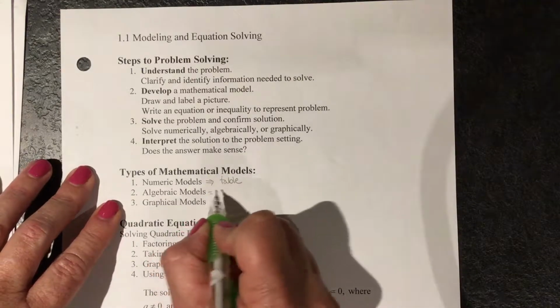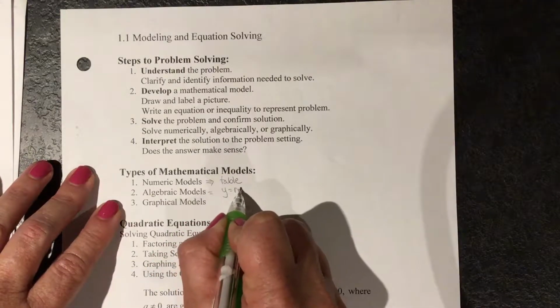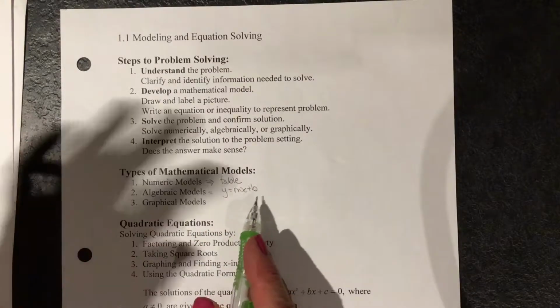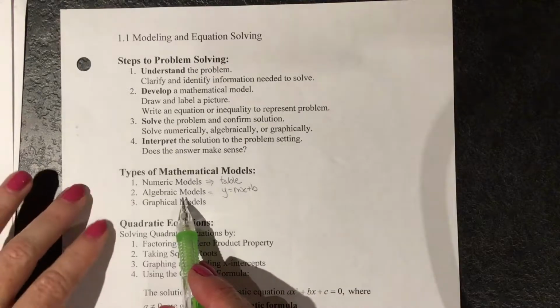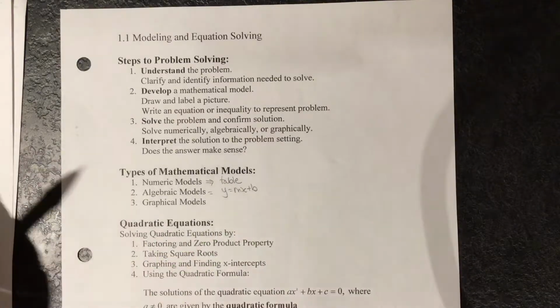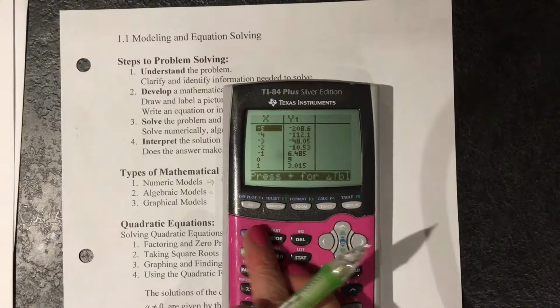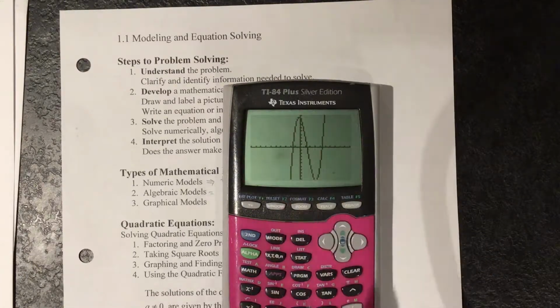Algebraic would be if we're solving just a regular equation. The equation of a line, y equals mx plus b, would be an example of something algebraic. And then a graphical model would be, again, utilizing our calculator, going to a graph, and pulling information off the graph.